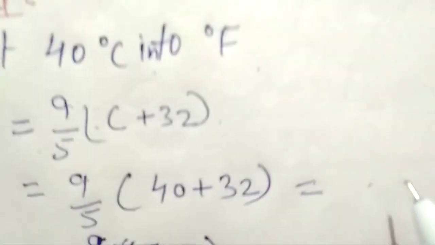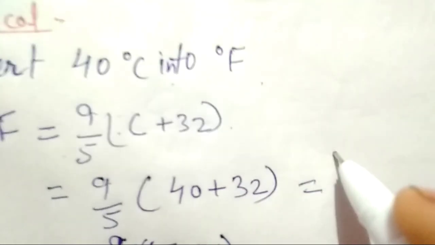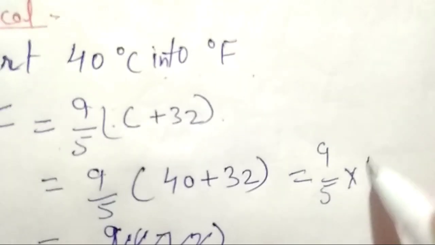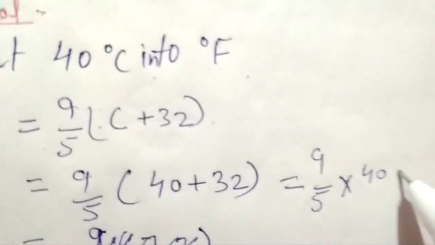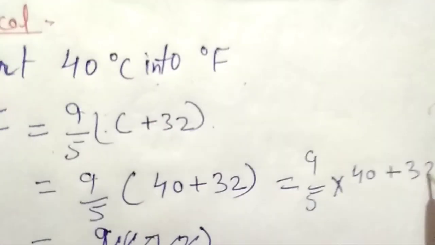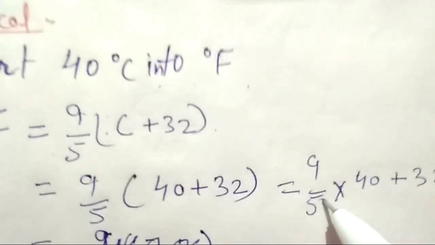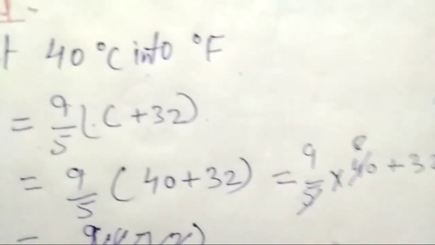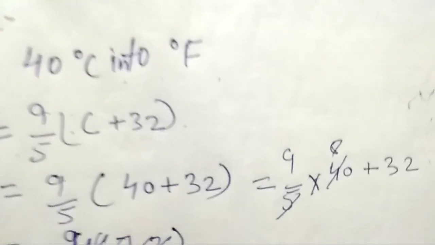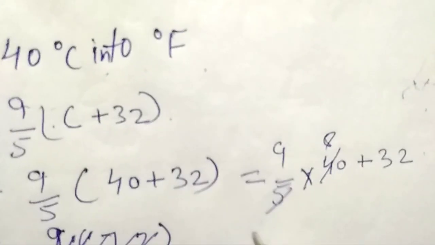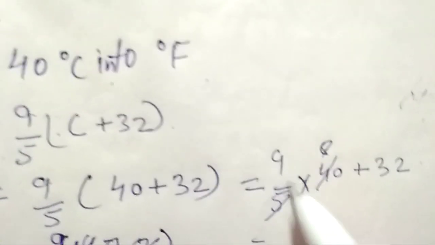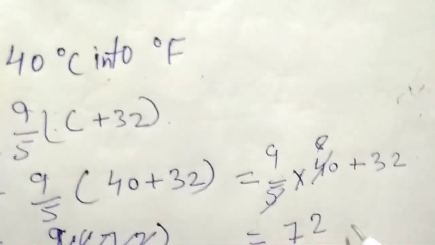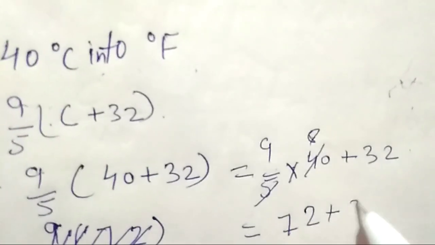Now we will open the bracket. So 9 by 5 into 40, plus 32. 5 eights are 40, and 8 nines are 72, plus 32.